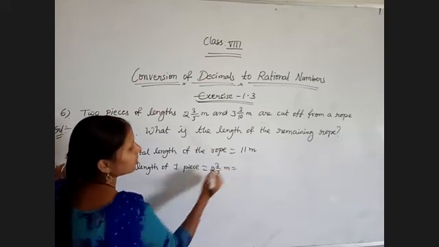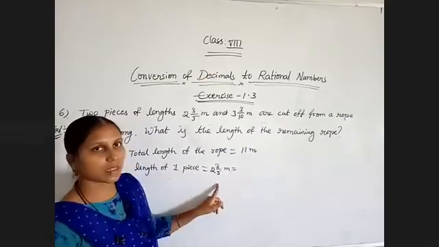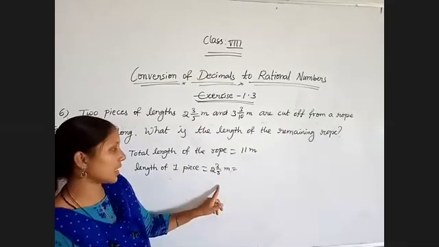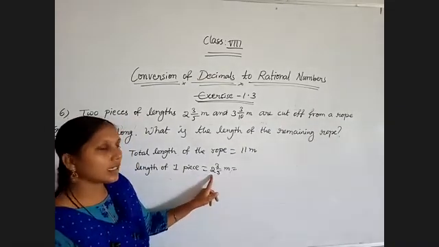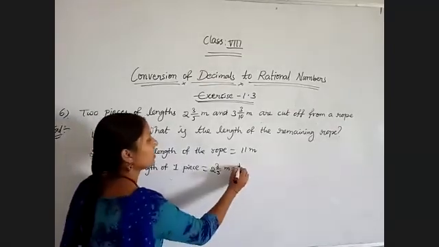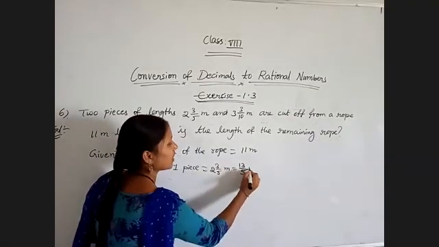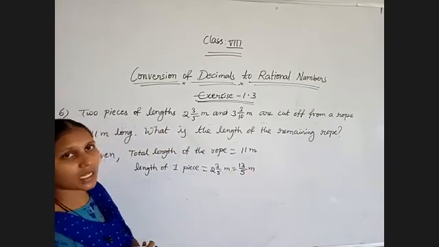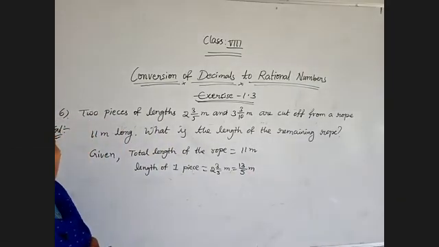That is a mixed fraction converted into improper fraction. 5 twos are 10, 10 plus 3 is 13, so 13 by 5 meters. You know very well how to convert a mixed fraction to improper and improper to mixed.